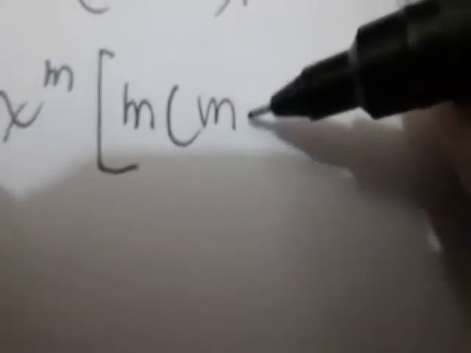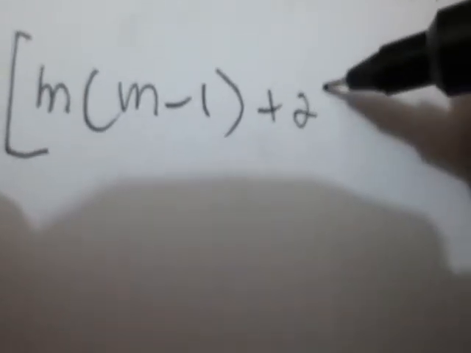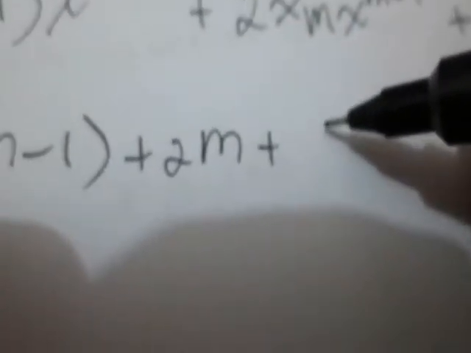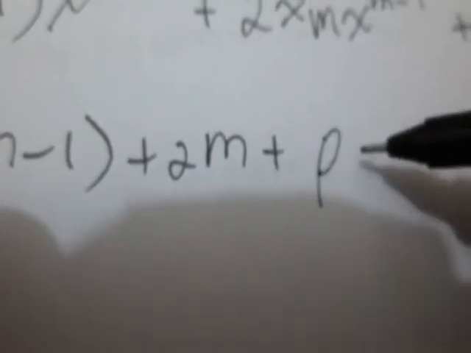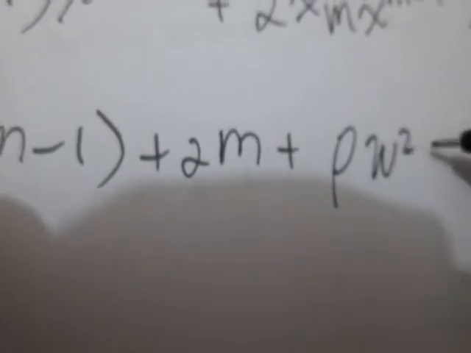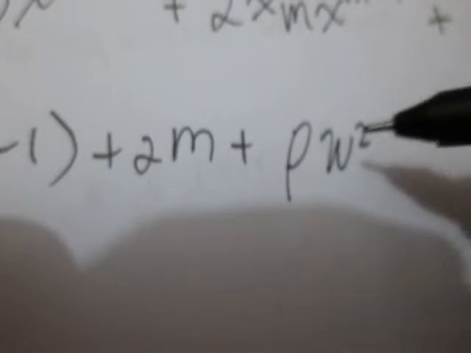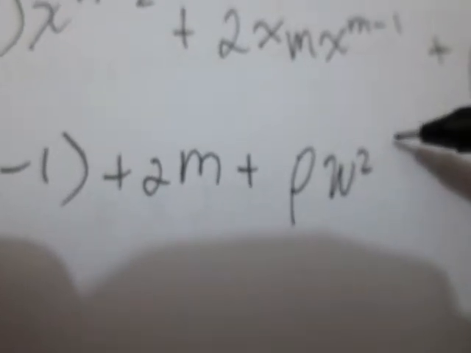Simplifying this further, we get x to the power of m times m minus 1 plus 2m plus the linear density times the square of the angular speed, which equals 0.